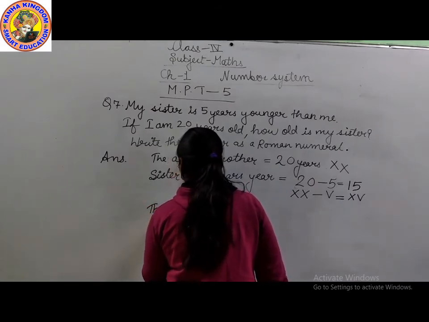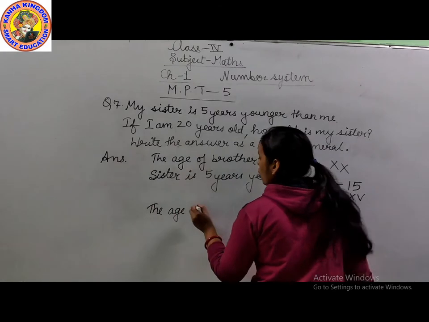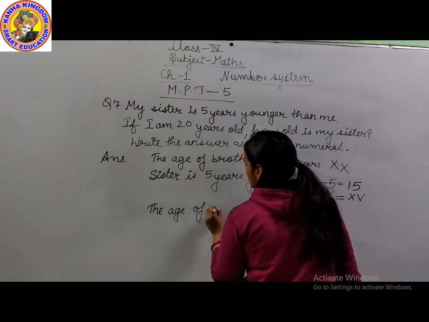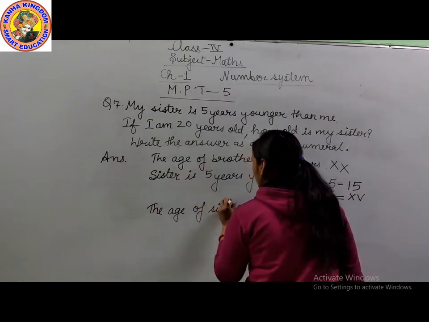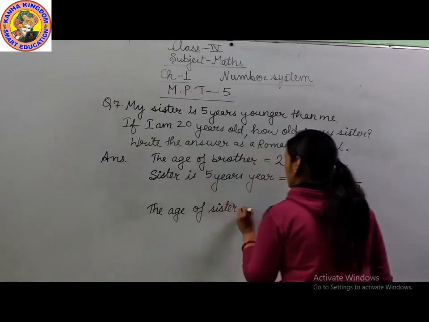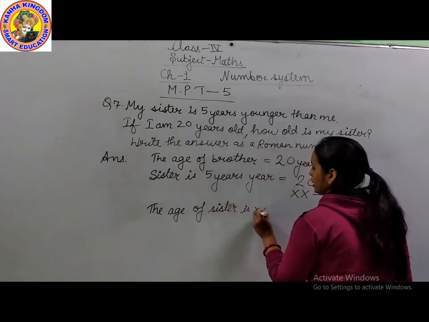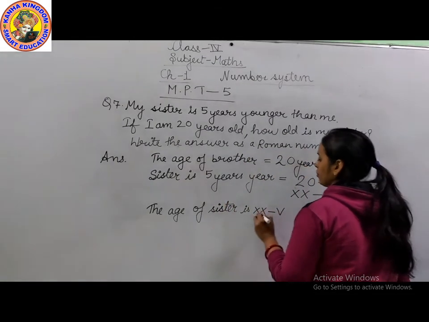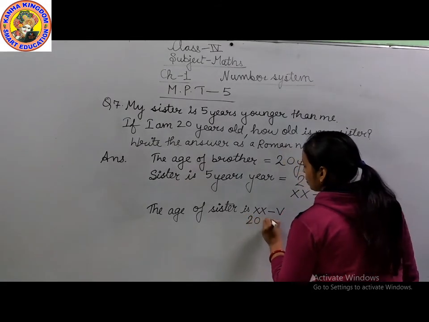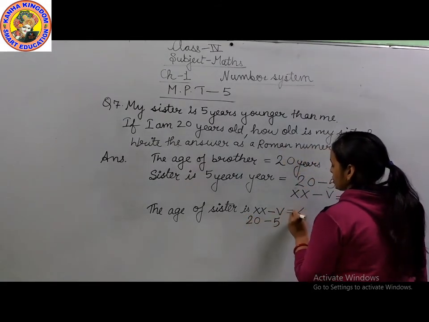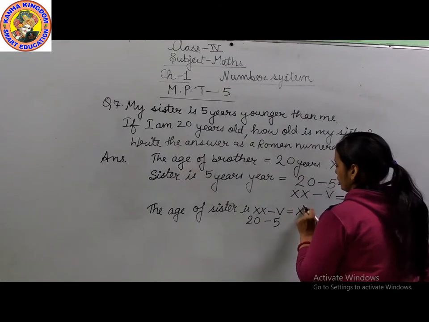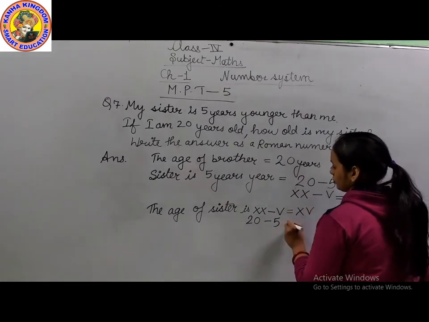The age of sister is 20 minus 5. 20 minus 5 equals to 15.